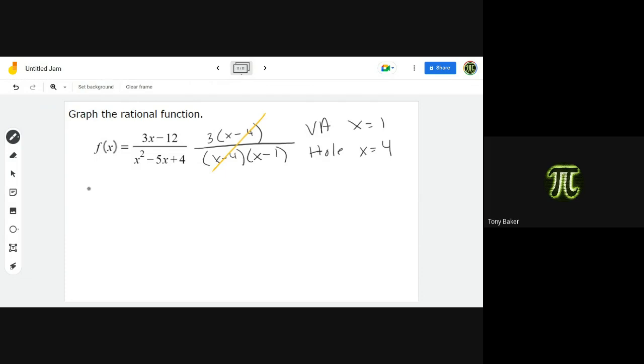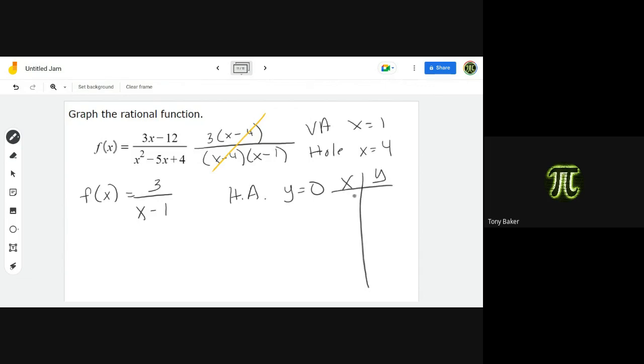So my new problem that I can look at, so I don't have to necessarily look at the original one, is 3 over x minus 1. My horizontal asymptote for this one is going to be what? Yes, because my denominator is bigger than my numerator in terms of degree.